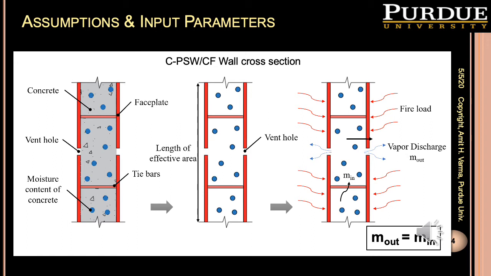And what we are considering in this method is that once you have reached a certain set pressure, the pressure that we are comfortable to let develop in the wall, at that instant, the rate of vapor produced is equal to the rate of vapor discharge. And then we use the proposed equation to calculate what is the detailing of the vent holes required to establish that equilibrium.